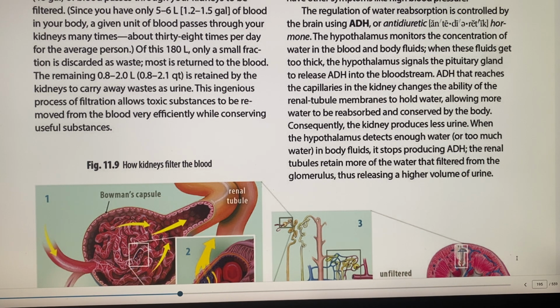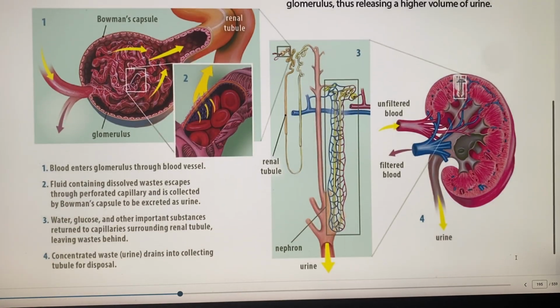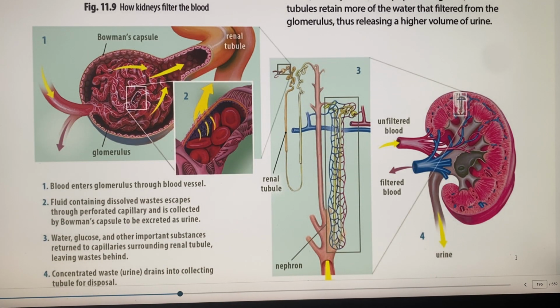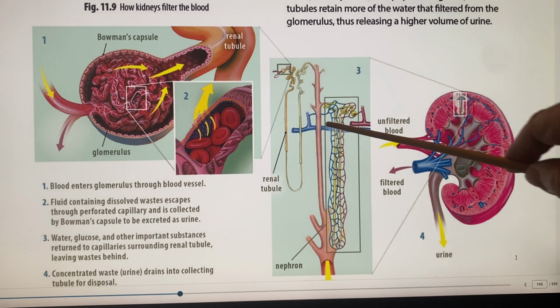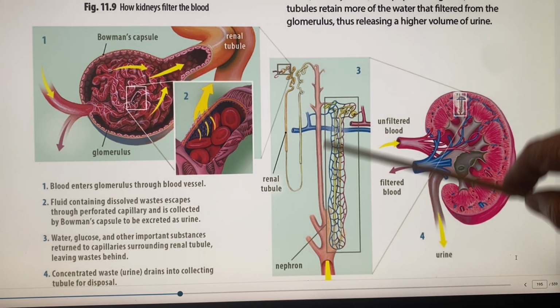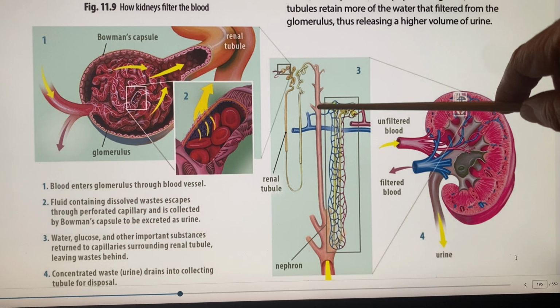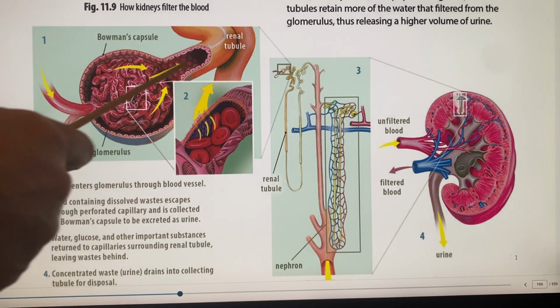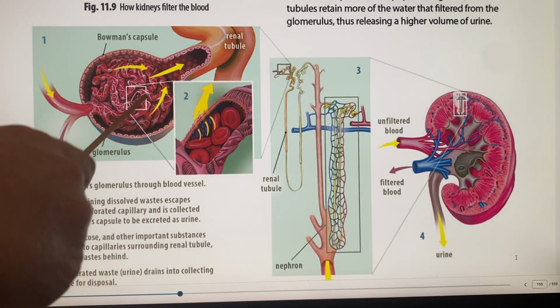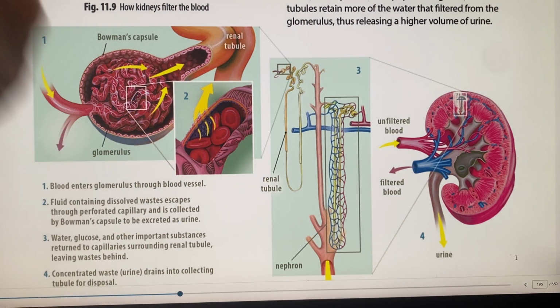So going on, let's look at these pictures again, just to review. Here you have two kidneys in your body, and they look like this. The blood is filtered through this and goes into these little parts. This whole part here is the nephron tube with the blood vessels coming in and being filtered, going through the long tubes, and you come to this tiny area, which is the Bowman's capsule and the glomerulus.